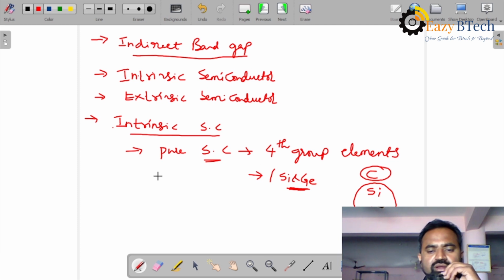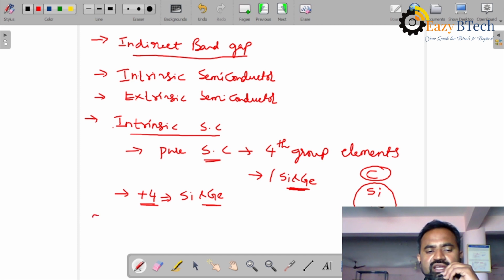Okay. Now, how many valence electrons do these have? They have 4 valence electrons. The number of valence electrons present in pure semiconductors is 4 for silicon and germanium. This we will see from the electronic configuration.